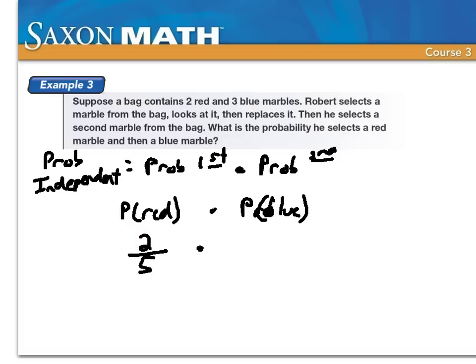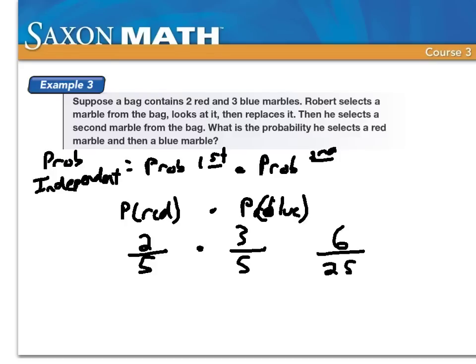We're going to multiply that by the probability of a blue. Well, if he puts the red back, that means there are going to be 5 marbles in there again, and out of those 5 marbles, there are 3 blue ones. So I'm going to multiply these numbers together. Multiplying across the top, 2 times 3 is 6. On bottom, 5 times 5 is 25.